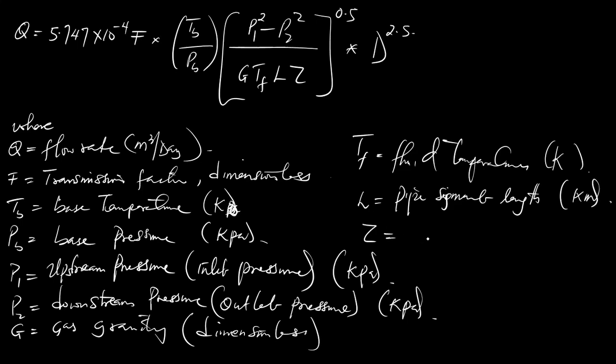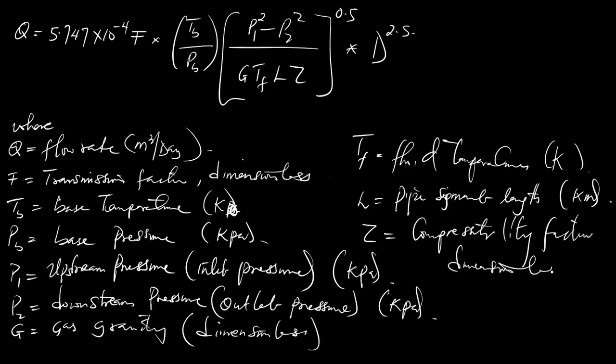We have the compressibility factor. This is dimensionless. Now we have D, which is what, our internal diameter.